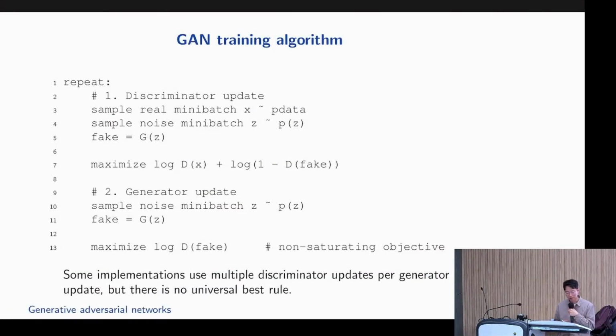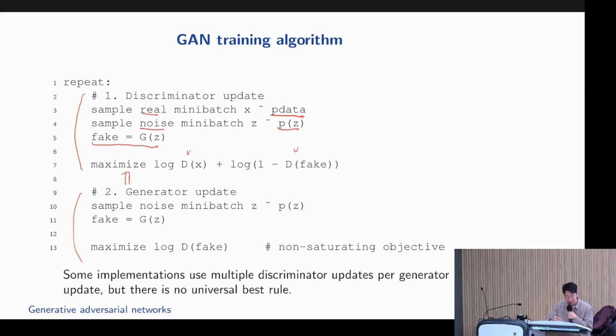So here's the pseudocode algorithm. You alternate between the discriminator update and the generator update. You sample the real mini-batch from P data, you sample noise from PZ, and you pass it through the generator and create some fake images. Since the discriminator appears in the first and second term, you maximize this.